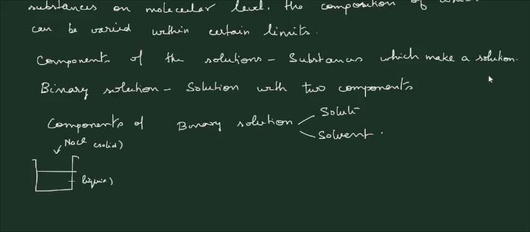And when the solution is formed, the solution is also in the liquid state. So the component having the same physical state as the solution is called the solvent. So here water is having the same physical state as the solution. So here water is the solvent and the other component is the solute. So NaCl is the solute.